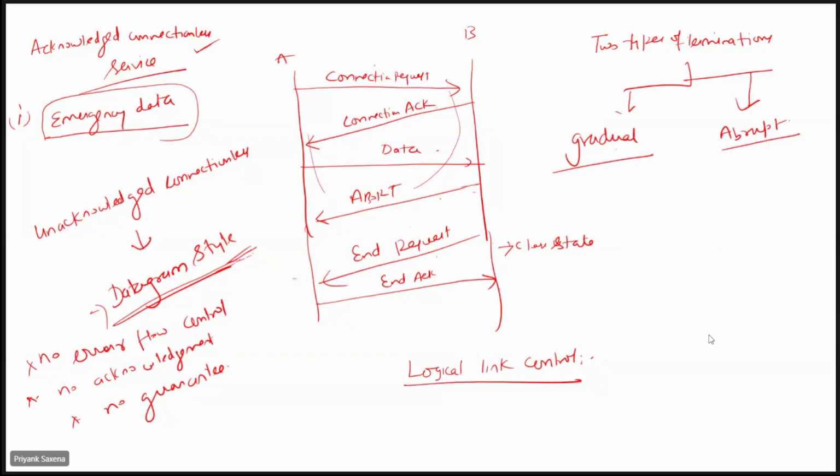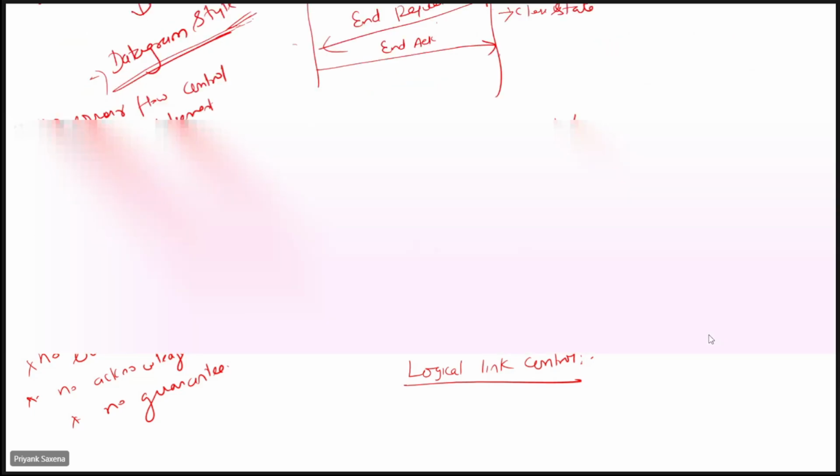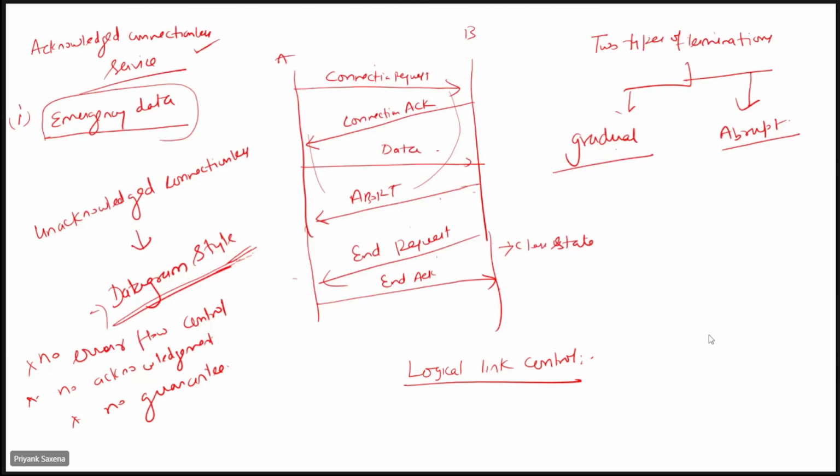Within 15 minutes, will the temperature of the room change much? No. So for such applications, this connectionless approach is good, right? Because even if one or two packets are dropped, the upcoming packets will update the things, right?